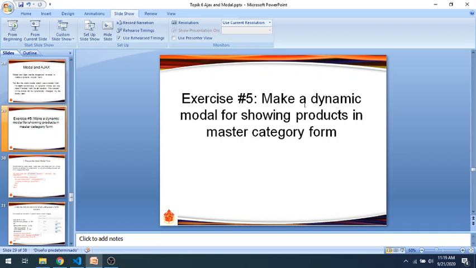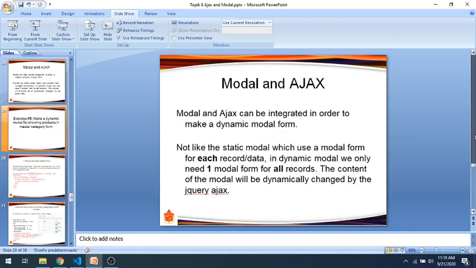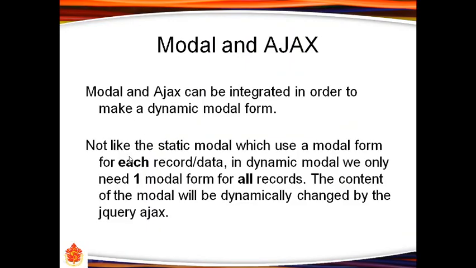This one will use a dynamic modal. In a dynamic modal, we just need one modal for every record. As we know from our previous exercises, in exercise 1 and exercise 2, we used a modal in each record, in each data.